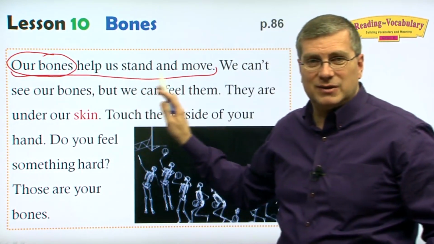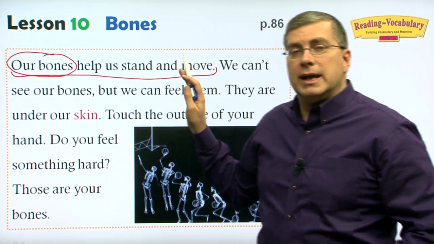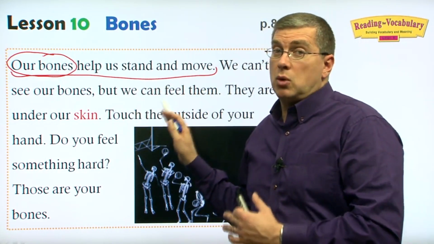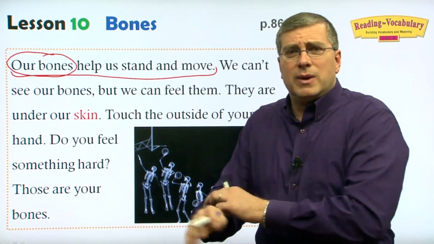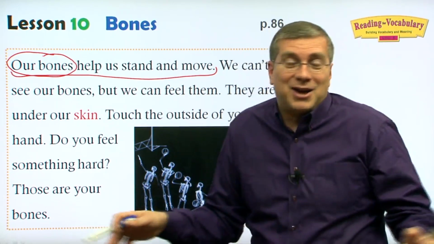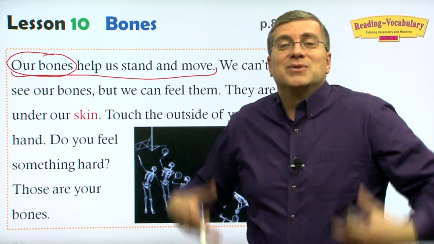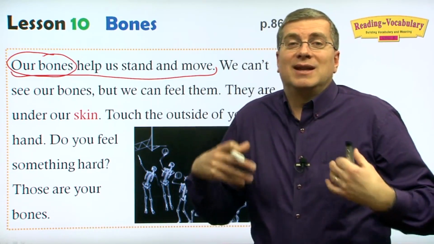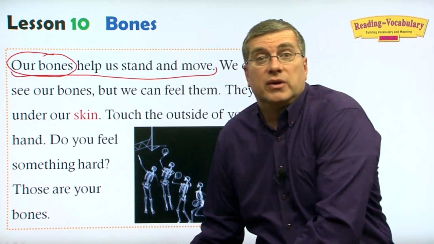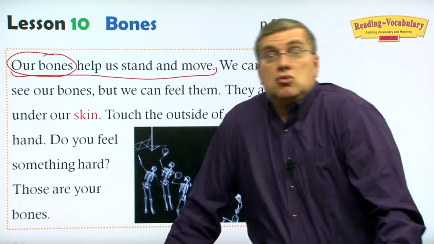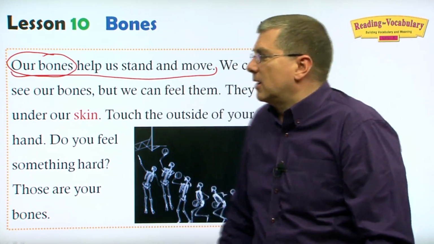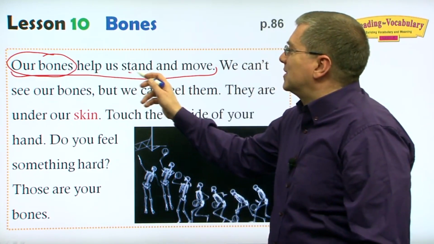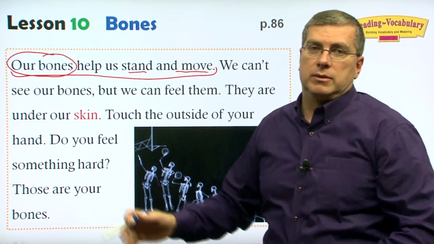That's what this passage is about. So it's saying that bones are very important. Because think about that. Without bones, right, I couldn't stand up. Bones help me stand up. If I didn't have bones, I would fall to the ground. I'd be like a jelly, right? Like a jellyfish. Okay? So bones help us stand and move around.